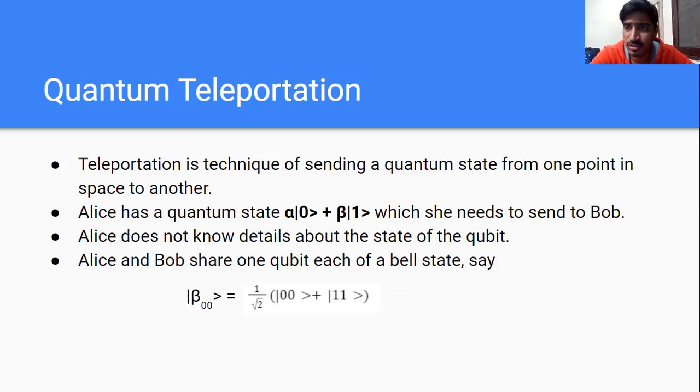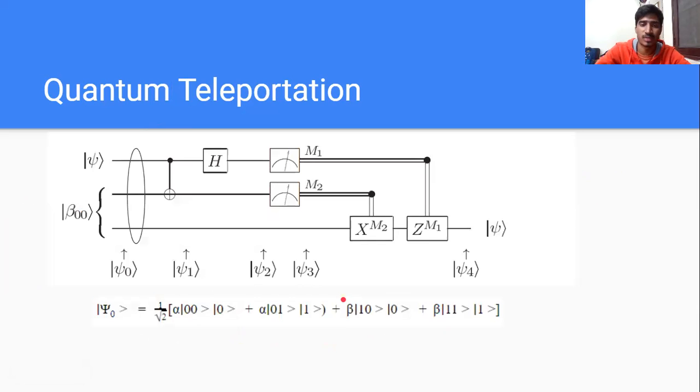Alice has a qubit which she wants to send to Bob, and she does not know the state of her qubit. Initially, Alice and Bob share a Bell state between them, 1 qubit each. The first qubit belongs to Alice, and the second qubit belongs to Bob.